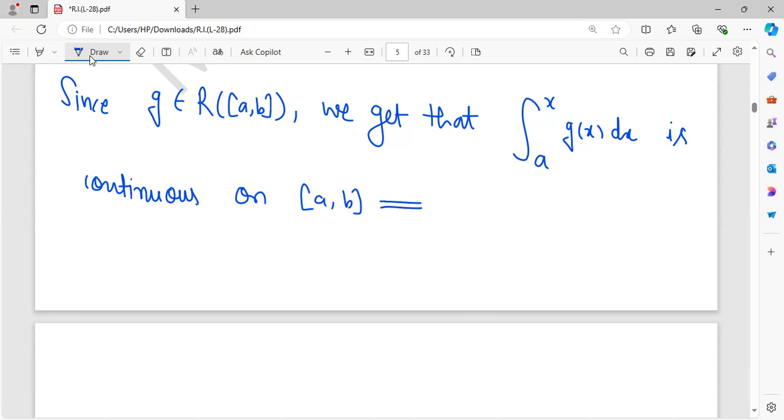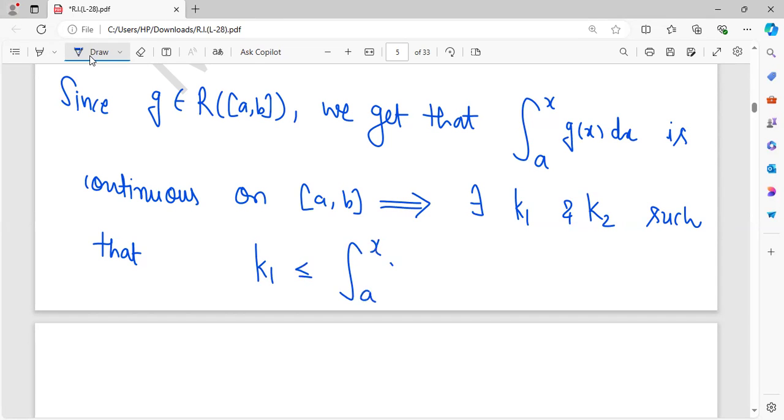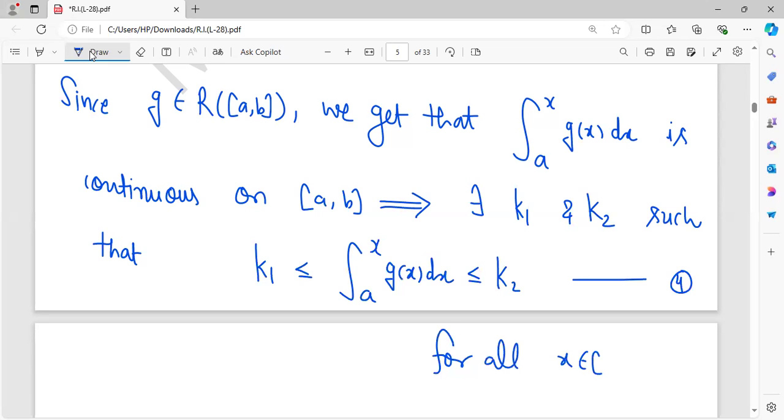A continuous function has bounds, so this implies there exist k1 and k2 such that k1 is less than or equal to the integral a to x of g(t) dt, which is less than or equal to k2, for all x belonging to the closed interval [a,b].